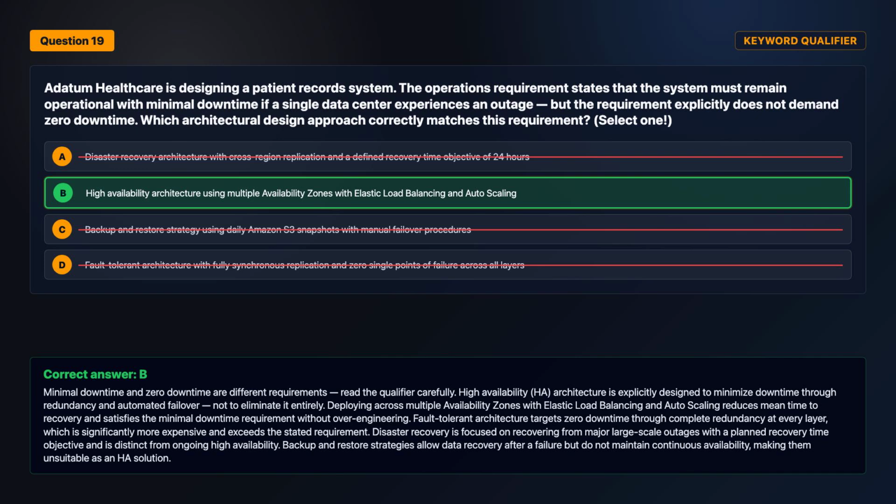Fault-tolerant architecture targets zero downtime through complete redundancy at every layer, which is significantly more expensive and exceeds the stated requirement. Disaster recovery is focused on recovering from major large-scale outages with a planned recovery time objective, and is distinct from ongoing high availability. Backup and restore strategies allow data recovery after a failure, but do not maintain continuous availability, making them unsuitable as an HA solution.